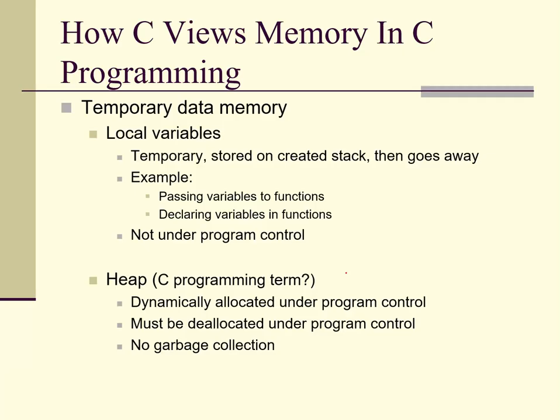Programmers don't really need to know that, but they should know these variables are temporary, and they eat up some of the available extra memory in your program. And there's also the heap, which we just talked about. Technically, I dynamically allocate it under program control.